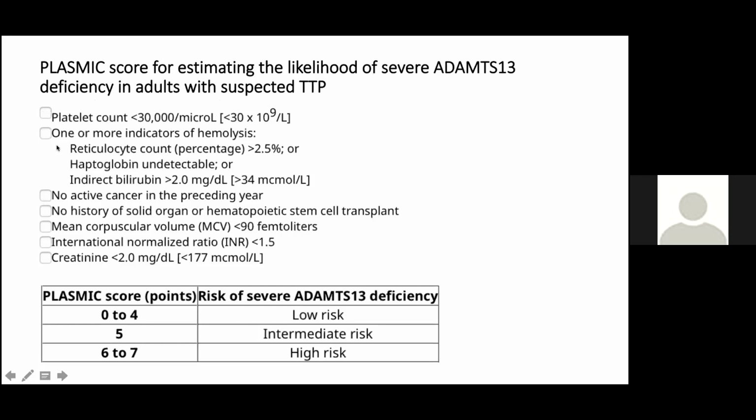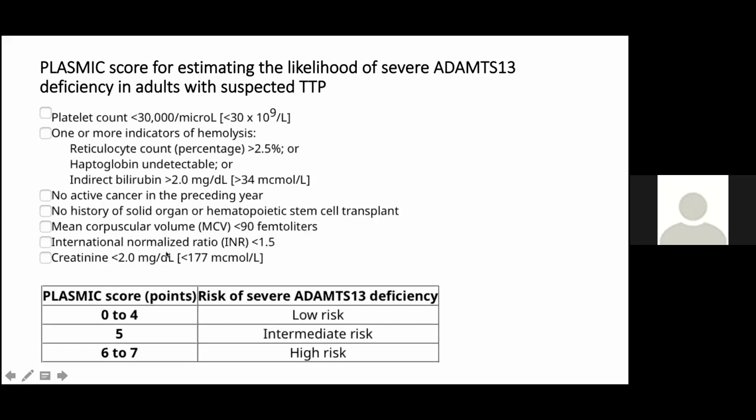So you give one score for each: platelet count less than 30,000, one or more indicators of hemolysis (haptoglobin undetectable, indirect bilirubin elevated), no active cancer in the preceding year, no history of solid organ or hematopoietic stem cell transplant, MCV more than 90 femtoliters, INR less than 1.5, creatinine less than 2.